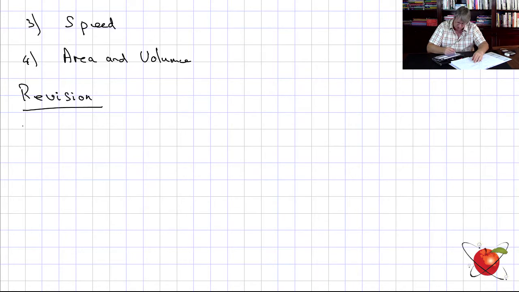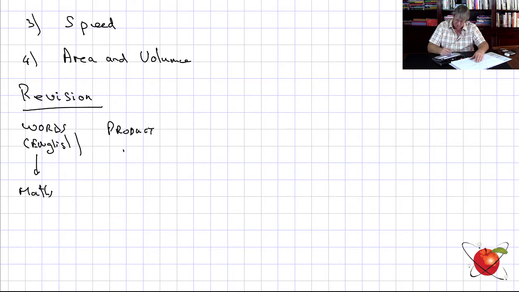When you read it carefully, you get to translate it from the English to the maths, and you look for a word like this. These are the words that we're going to see. This is the English, and this is the translation into maths. We see the word product. It means I multiply.